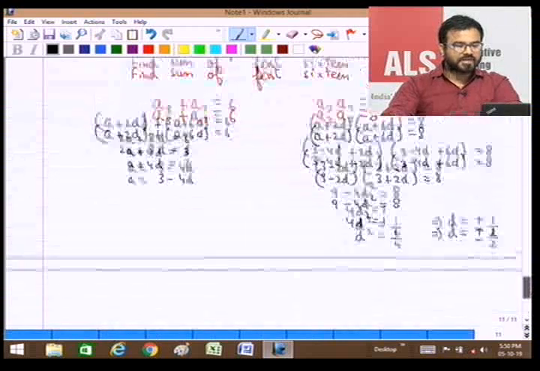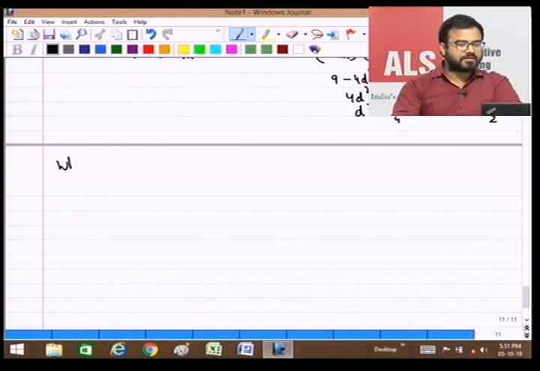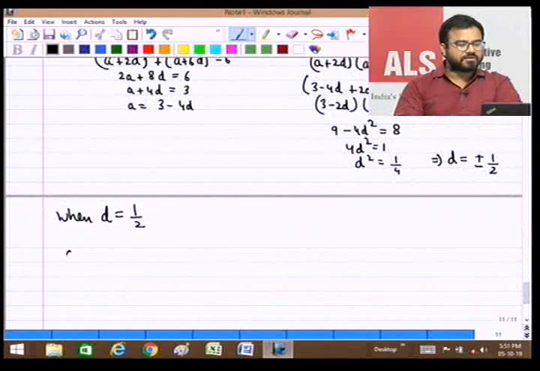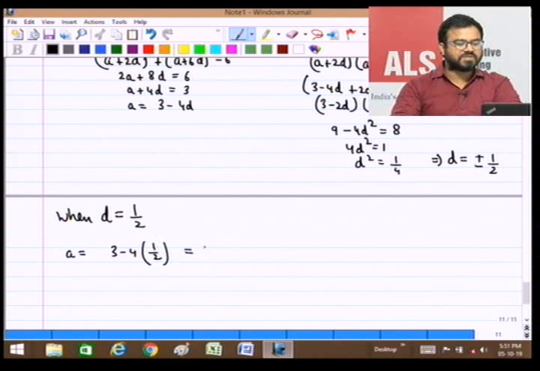So we can take the case when D is plus 1 by 2. We get A as 3 minus 4D. So A is equal to 3 minus 4 times D, that would be equal to 3 minus 2, which is 1.